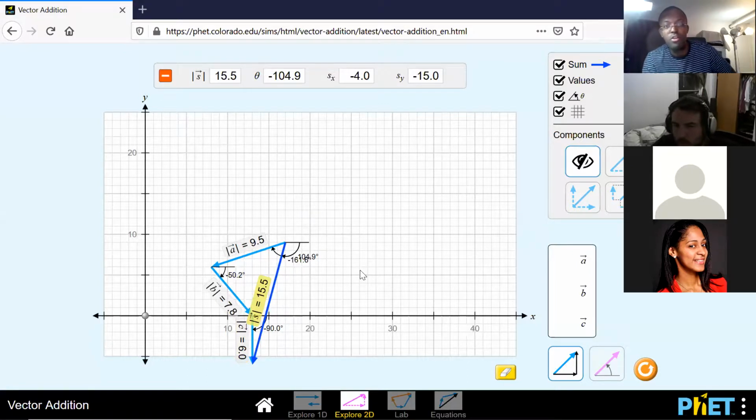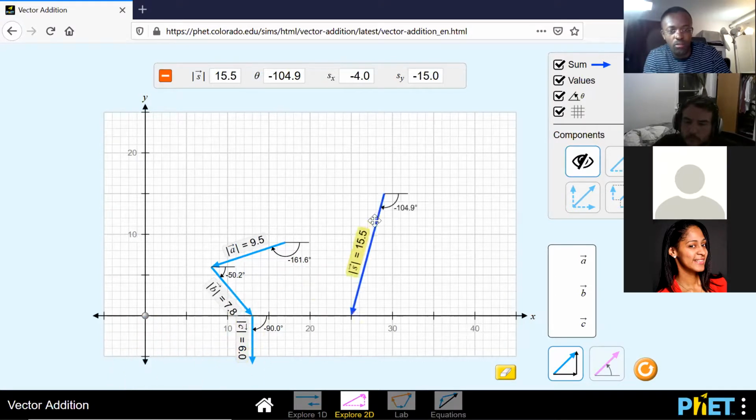And if you want to know why the components of the sum are as they are here, in this case, it's not going to be easy to know, because you see, it's going to go off the screen. That's the problem, and that's why I don't want to use this.